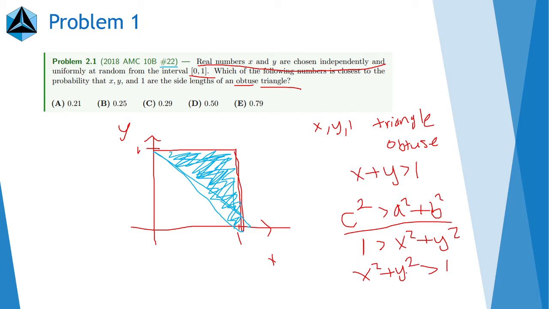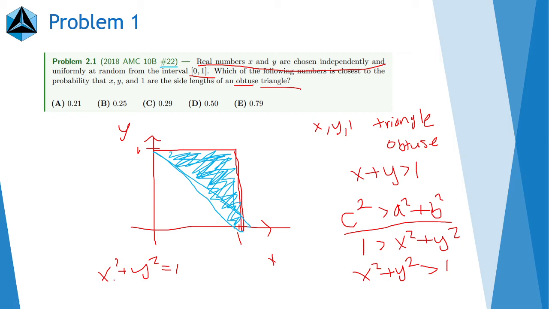Now here, it might be a bit hard to visualize, but this is the same thing as graphing the inequality x squared plus y squared greater than 1. If we don't recognize this form, if you write it as x squared plus y squared equals 1, that's a circle. That's the equation of a circle with radius 1 centered at the origin.